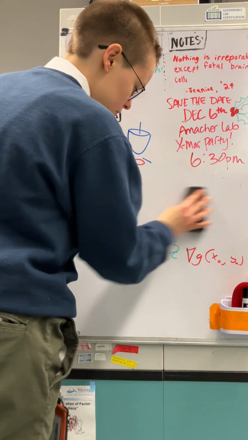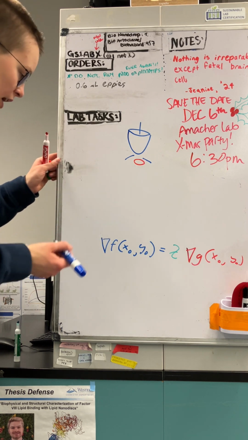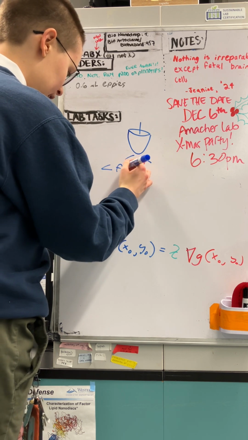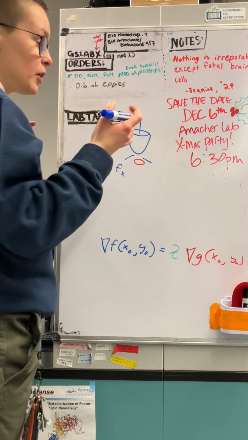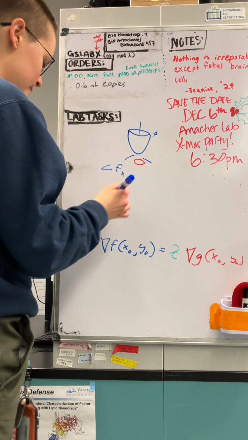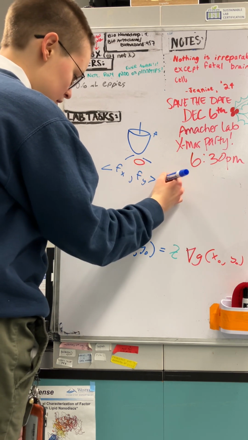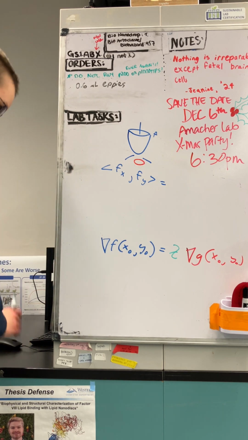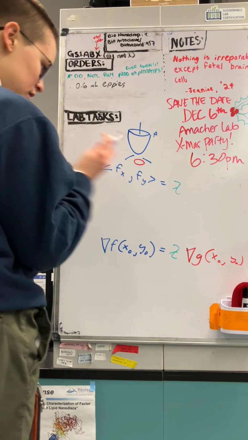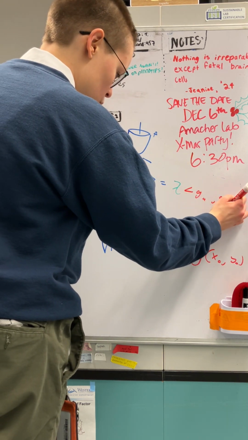So, what do we do with this? Well, I'm going to write this as f sub x, the partial derivative of f with respect to x, and f sub y. This is going to be equal to some multiplier times g sub x, g sub y.